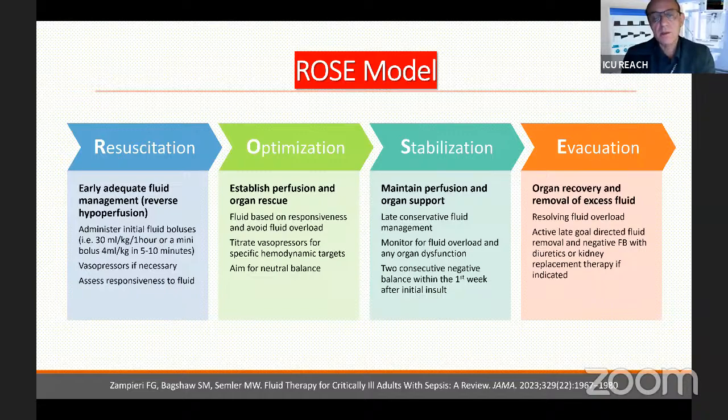And of course, the aim is to have neutral balance. The third phase would be stabilization, and this is late conservative fluid management aimed for perfusion and organ support. And the goal is to achieve 2 consecutive negative balance within the first week after initial insult. And the last phase would be the de-resuscitation or evacuation phase. And the goal here would be to resolve any fluid overload and provide organ recovery and removal of excess fluid.